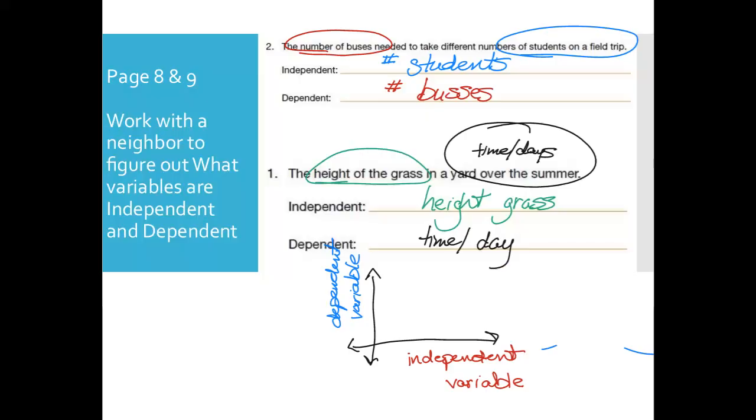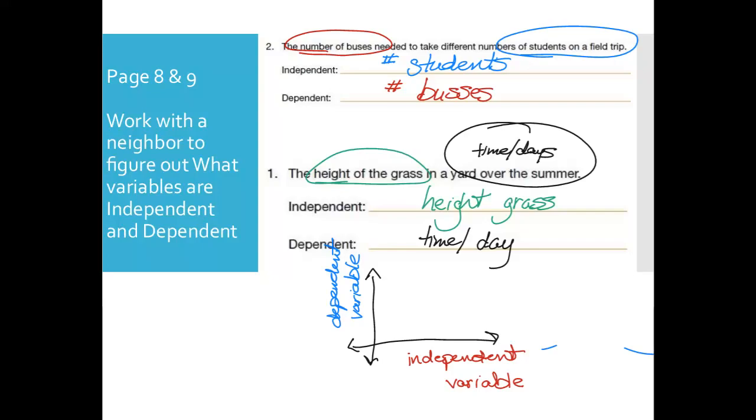Let me check my cheat sheet, because this is one that could go either way. What, you're thinking the other way, aren't you? Speak up. Okay, so checking my cheat sheet, I have it turned around.